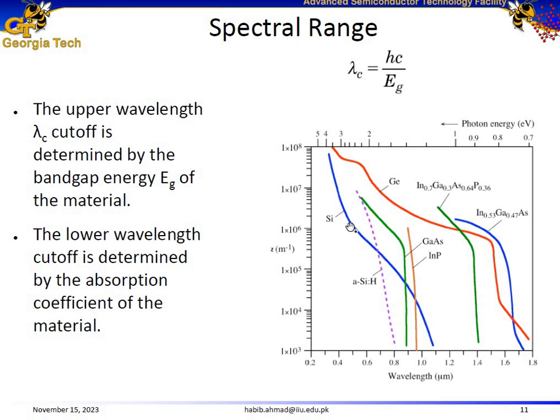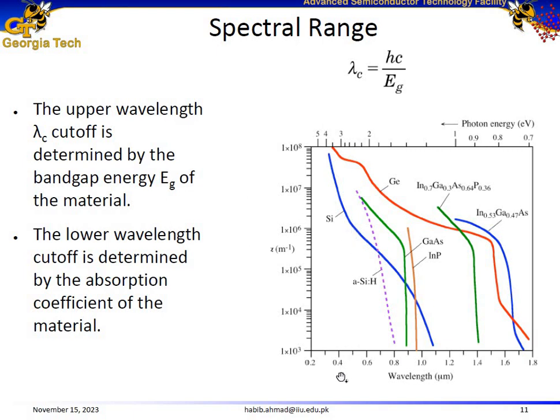At 0.4 micrometers, the absorption coefficient is 1 times 10 to the power of 6 per meter. So the penetration depth would be 1 over absorption coefficient, or 1 over 10 to the power of 6, or 10 to the power of minus 6 meters, which means the absorption depth is 1 micrometer.